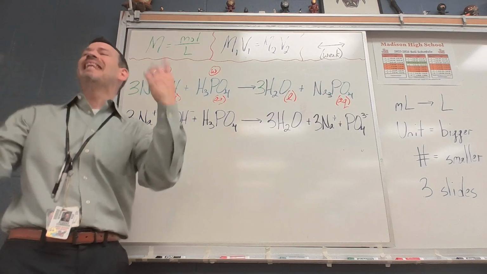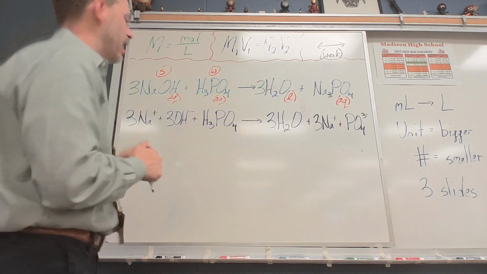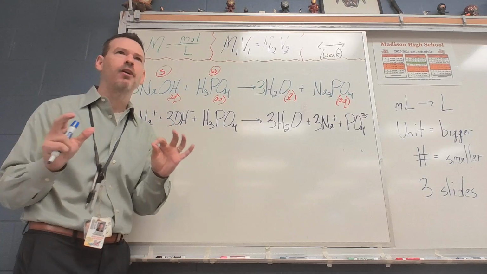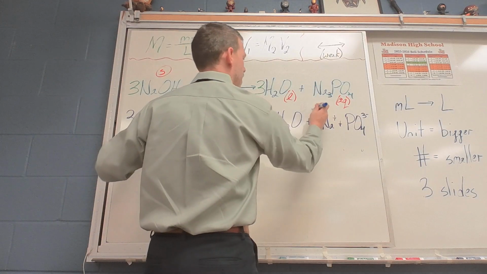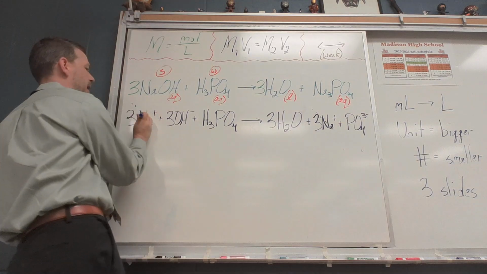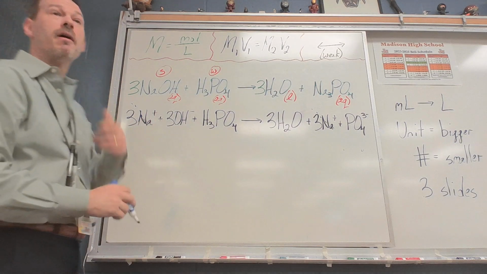All right, that's complete ionic. Let's find net ionic by eliminating spectator ions. Let's see if we can find them. See the 3 sodiums and the 3 sodiums? That looks very spectatory to me. Do you see any others? That's it.